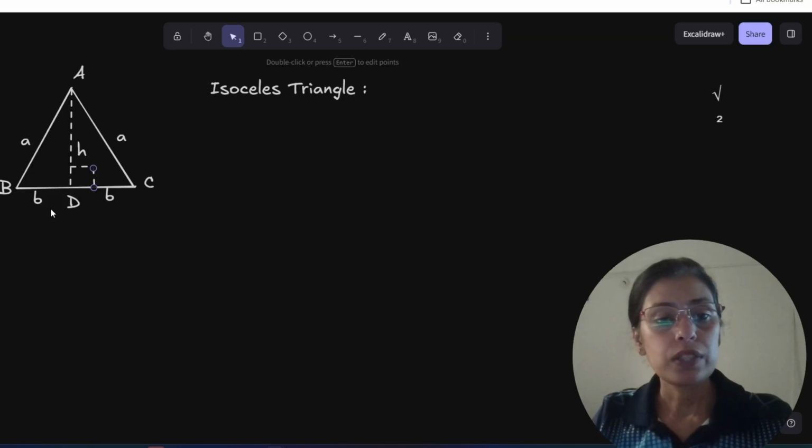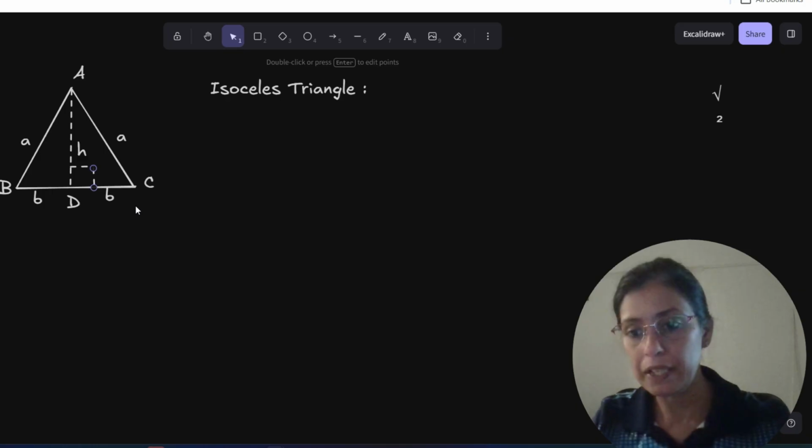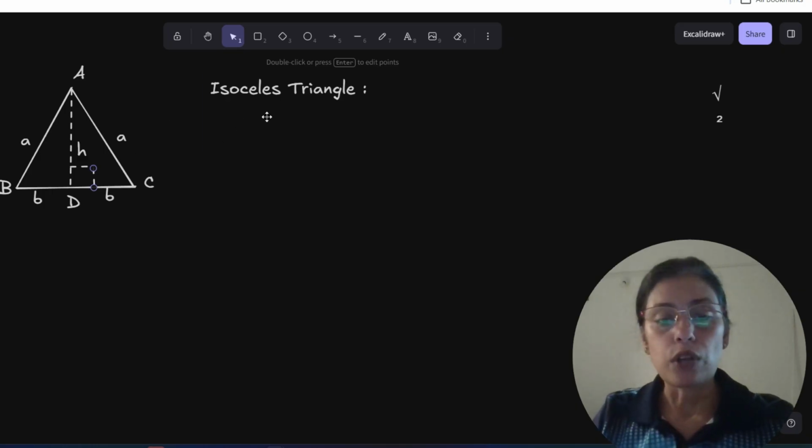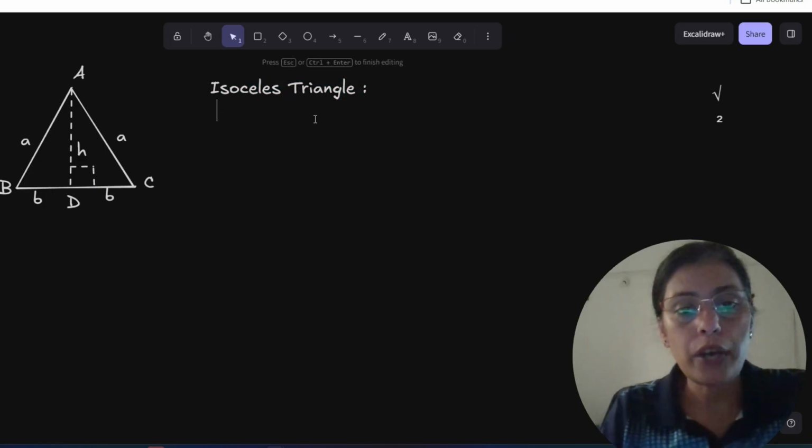So that is where we have two equal sides A and A, and the base is divided by AD into two equal halves B and B.